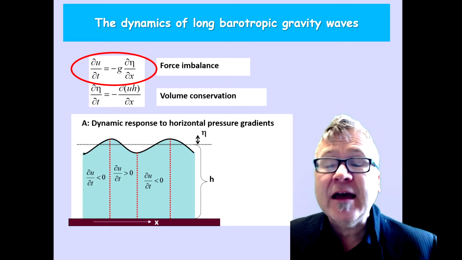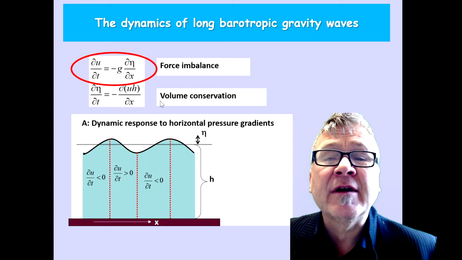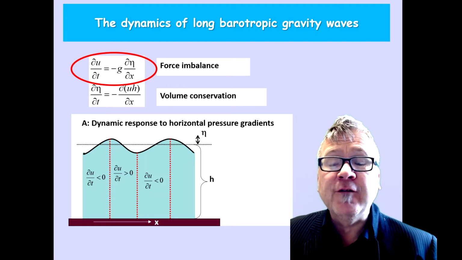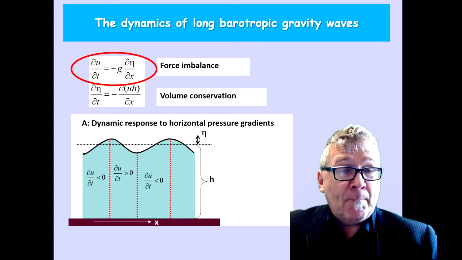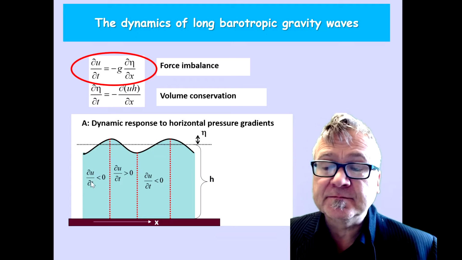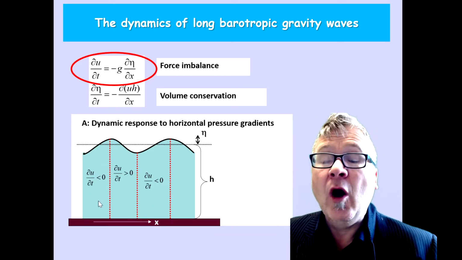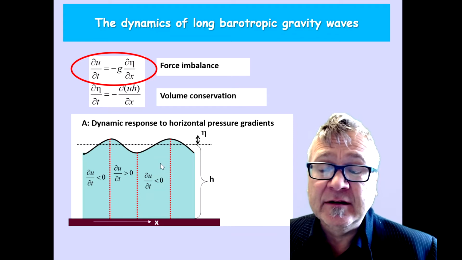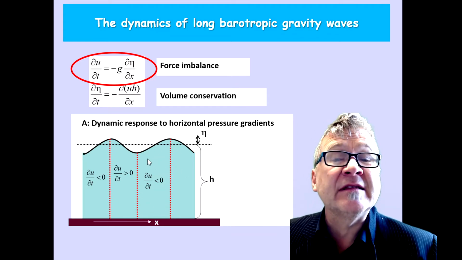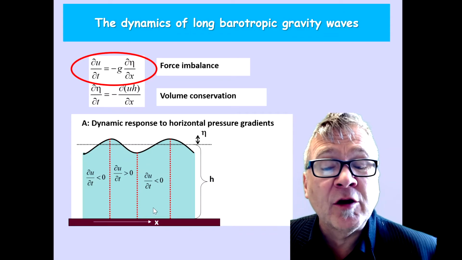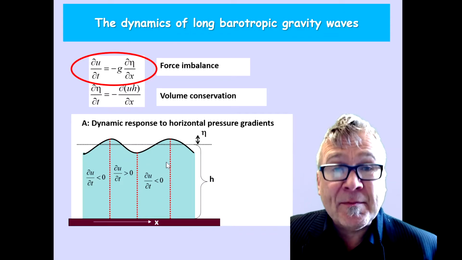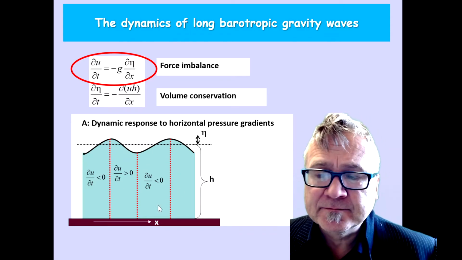So over the entire water column, it accelerates the horizontal flow, either positive acceleration, okay, the du/dt exceeding zero, or a negative acceleration, which means that this velocity component, the magnitude decreases over time.